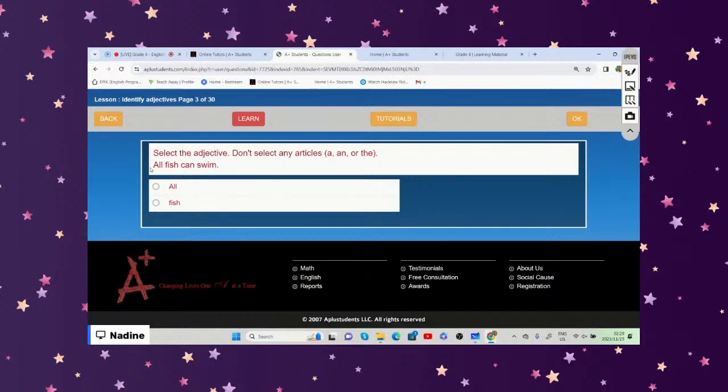All right, so basically it is all. So all fish can swim. And yes, all because it tells us how many fish.